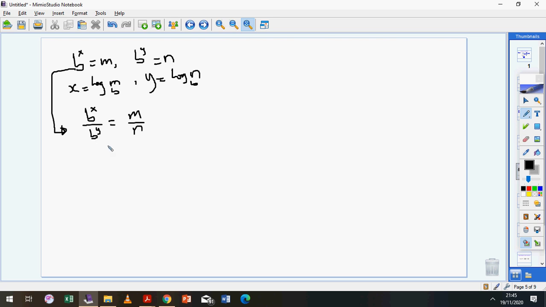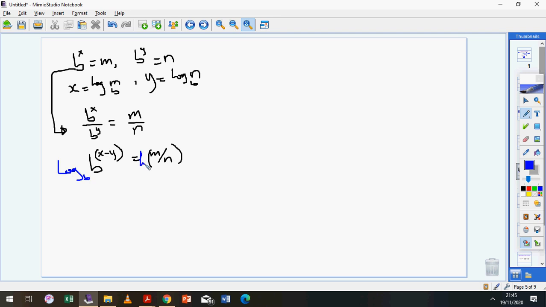What I can do at this stage is use the laws of indices, because since these bases are the same, the laws of indices say that if you're dividing, you subtract the powers. So this will be b to the power x minus y is equal to m divided by n. Now at this stage, I can introduce a logarithm. If I want to get rid of the b, I can introduce a logarithm to the base b on both sides.